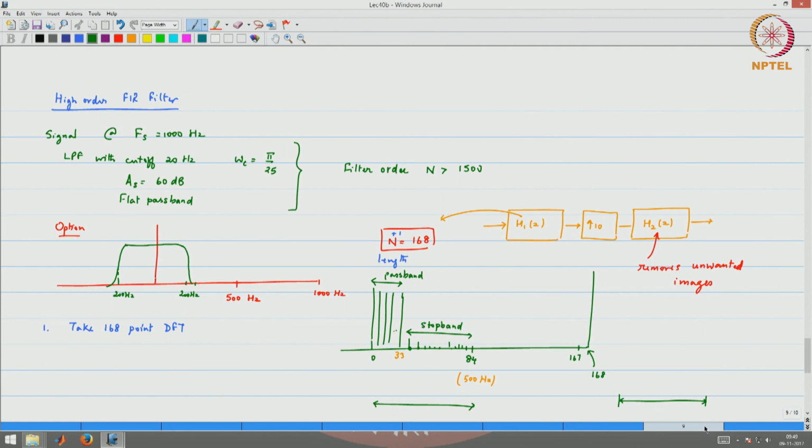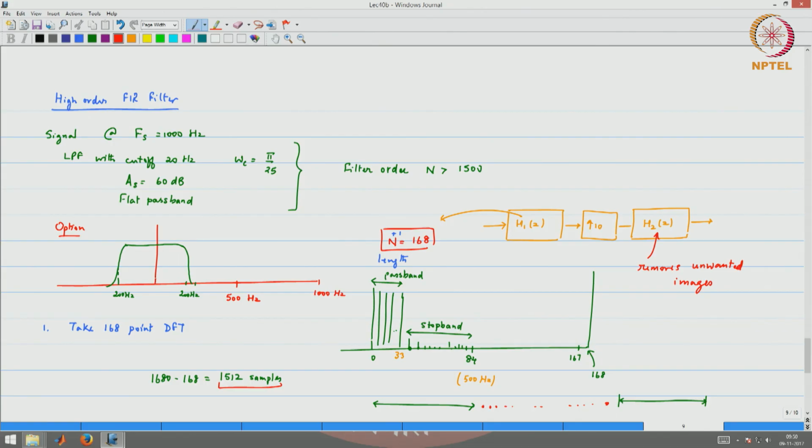The gap in between is exactly 1680 minus 168, which is equal to 1512 samples. These 1512 samples, I am going to set them equal to 0. Visually okay? What did I do?